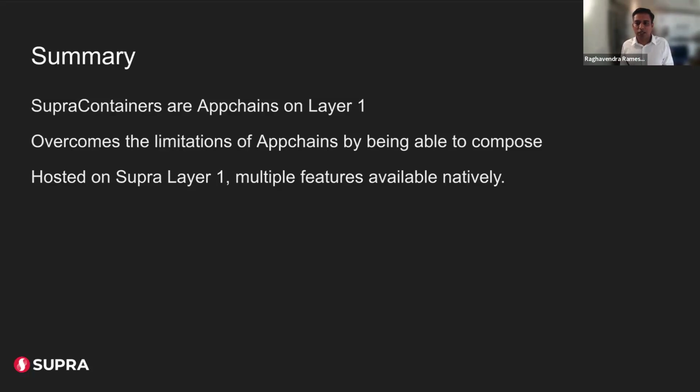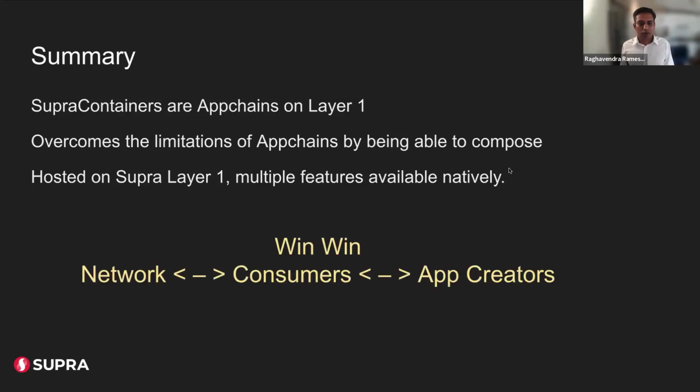That means multiple features, as I mentioned, oracle price feeds, randomness, multiple VMs, the automation network, the bridges, are all available natively. Also, because it's a high throughput, high performance layer one blockchain, you have the speed, and because of high throughput, our gas costs are also low. We posit Supra containers as a win-win for the underlying layer one Supra, for the consumers, and for the app creators. It's a win-win for all.